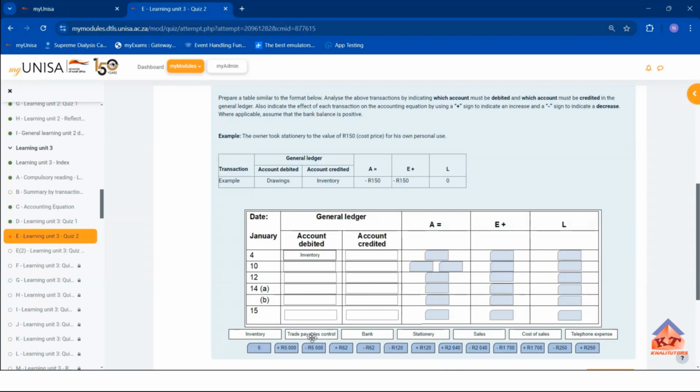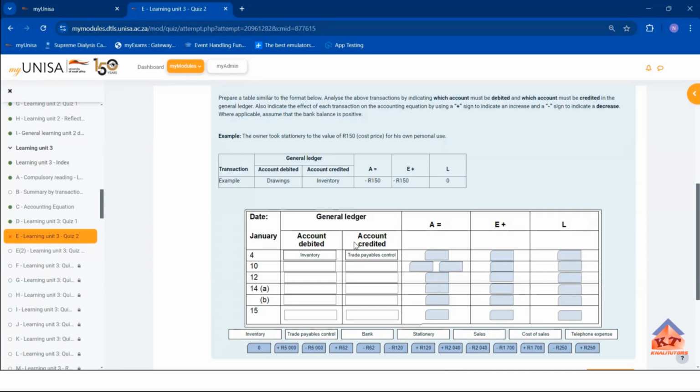In the previous lesson we discussed what a trade payables control is. It's called trade payables because you are supposed to pay back the money.